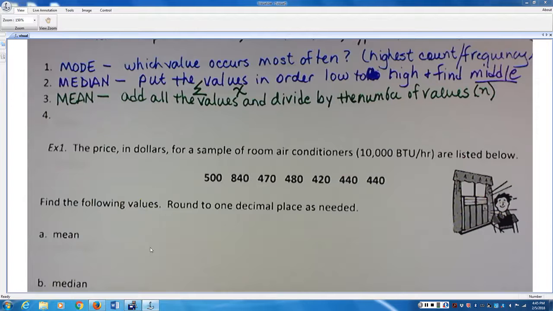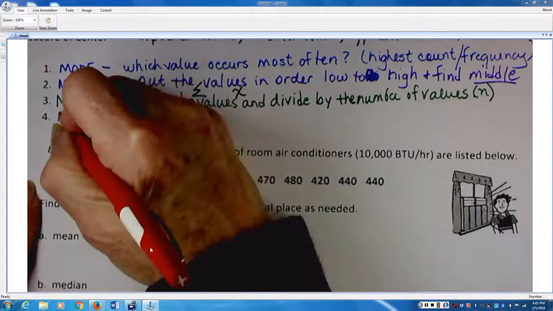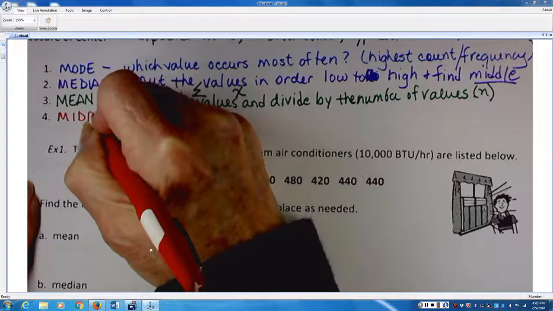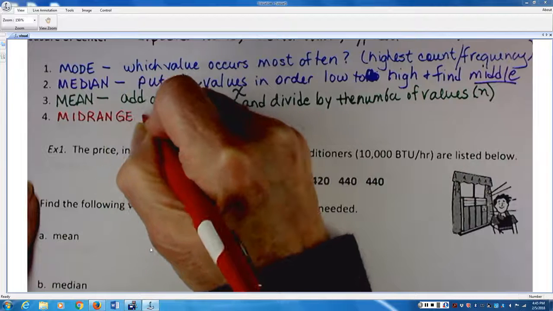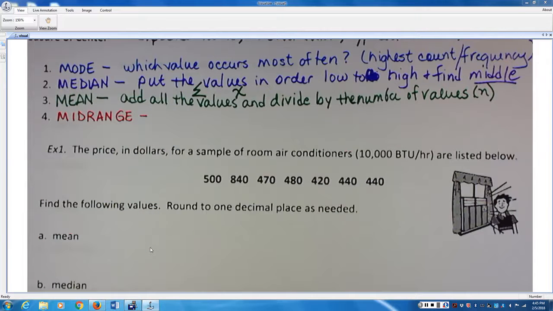There is one more that you've probably never heard of. And that's called the mid-range. And I'm going to be honest with you, even as a trained statistician, I never heard of the mid-range until I started teaching statistics, and only in the last few years have I heard about a mid-range.